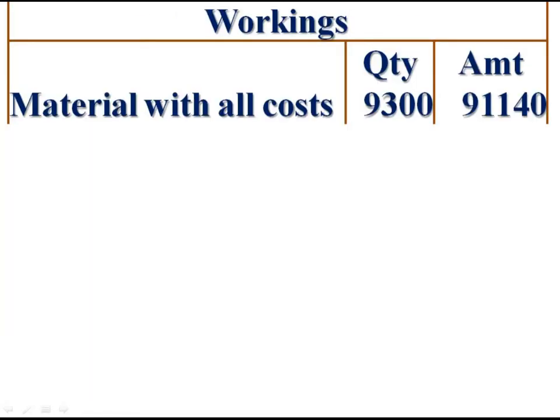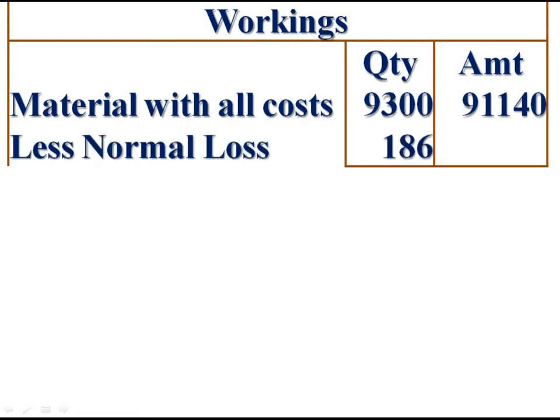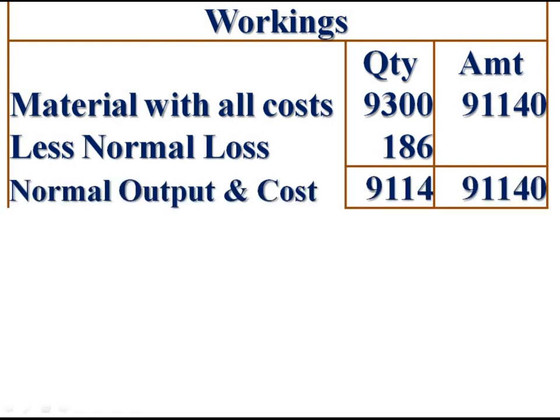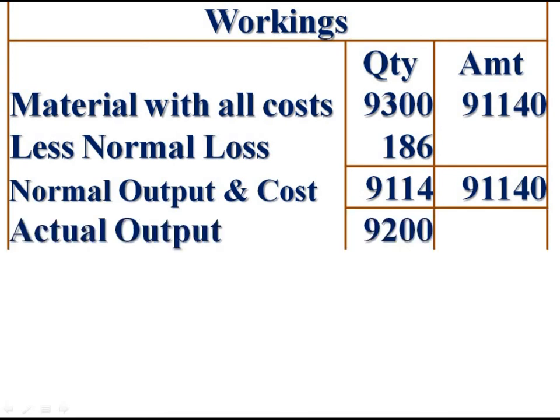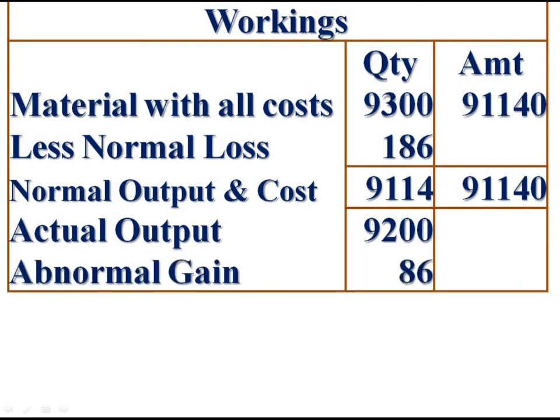Material with all costs. Less normal loss 186. Now we get normal output 9,114 and normal cost 91,140. Actual output being 9,200 and abnormal gain 86 units.